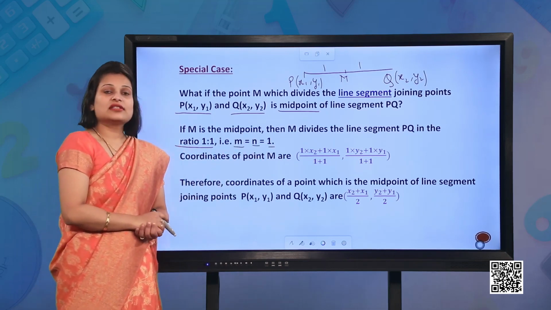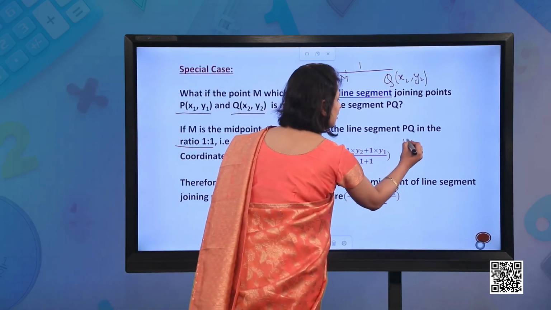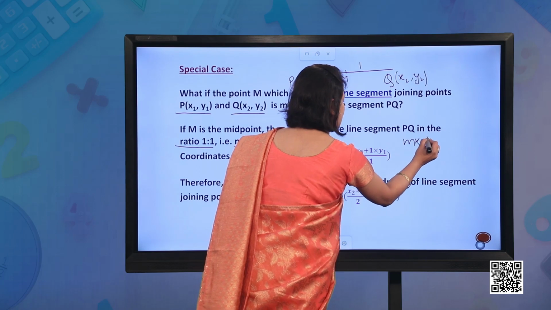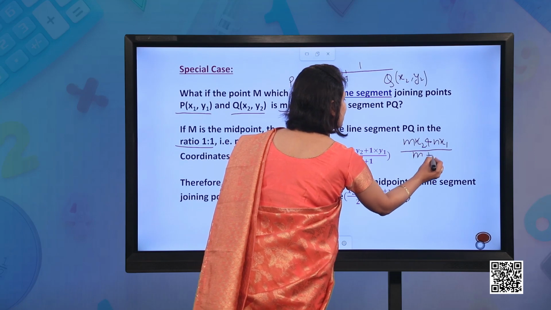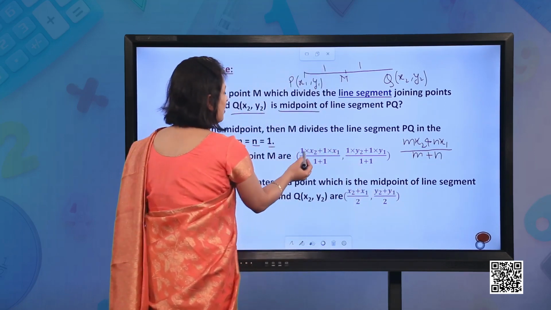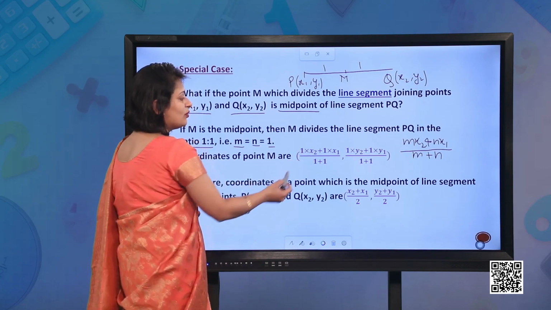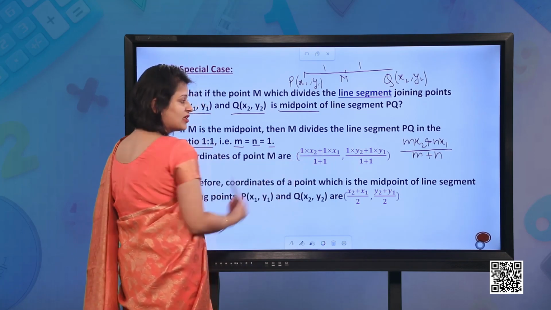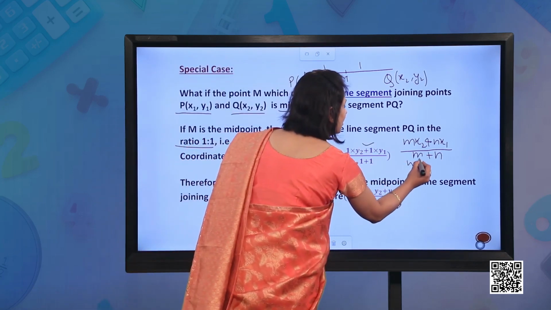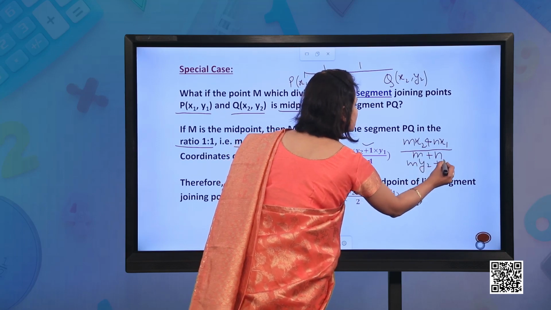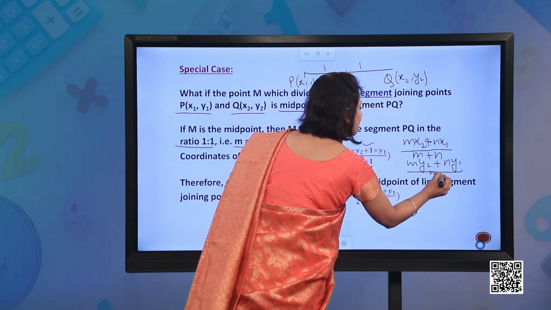Now we have done the section formula for internal division, which was m x2 plus n x1 upon m plus n. So simply replace m and n by 1. What will you get? 1 into x2 plus 1 into x1 upon 1 plus 1. And for y also, what we have? m y2 plus n y1 upon m plus n.